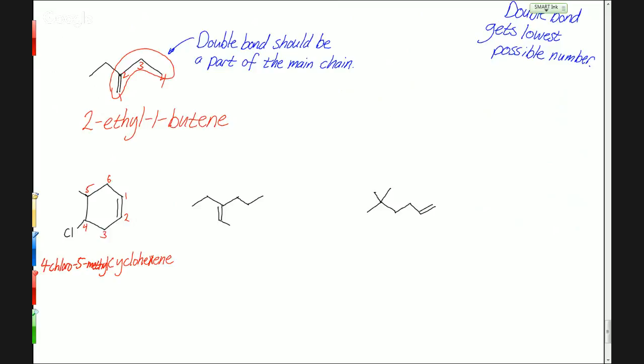And do we need to number this double bond or not? Not specifically, because it's at 1. You could put a 1 in there also if you wanted to. You could say 1-cyclohexene. But just having that E in the name here tells us the double bond is there. So we cannot start with the CO. You have to start on the double bond. That gets a higher priority. It's more important.